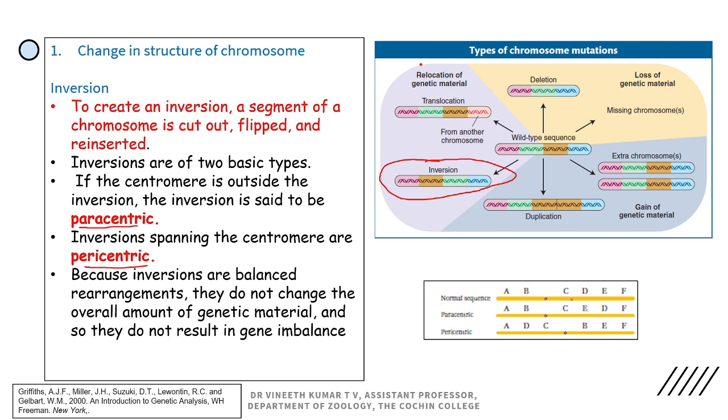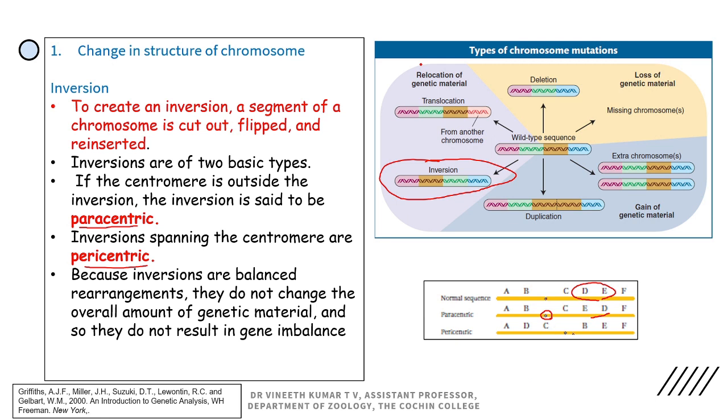So this is a normal sequence A B C D E F, and you can see that in this particular inversion, this region has inverted. Instead of D E, it is inverted. D has shifted here, E has shifted here, so this particular inversion does not involve the centromere. Such inversions are called paracentric inversions.